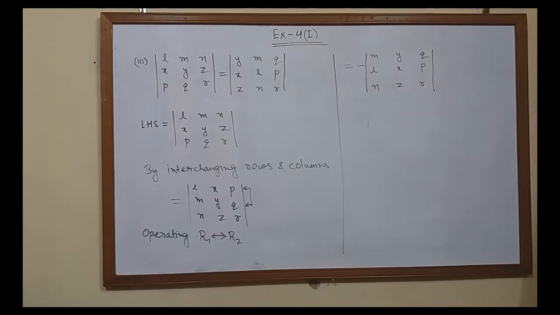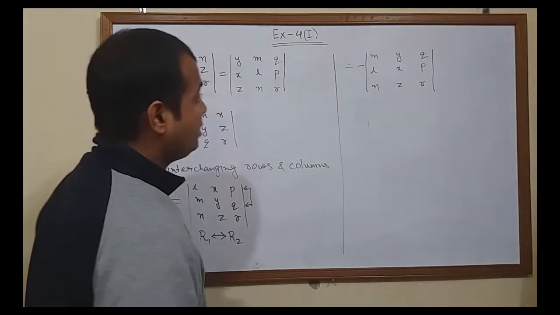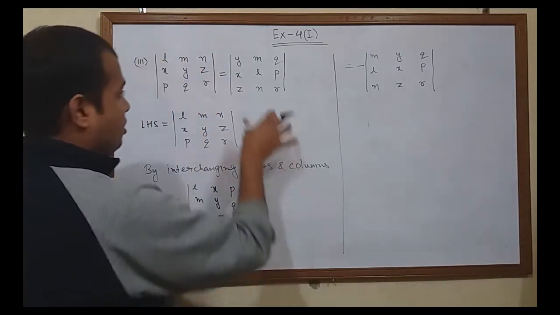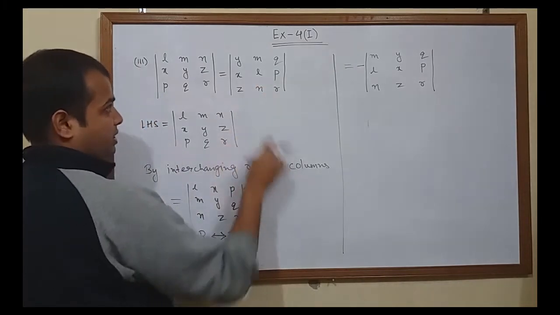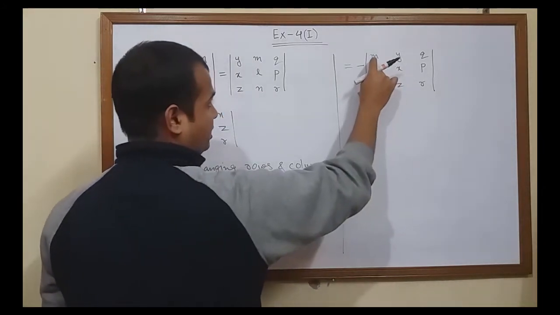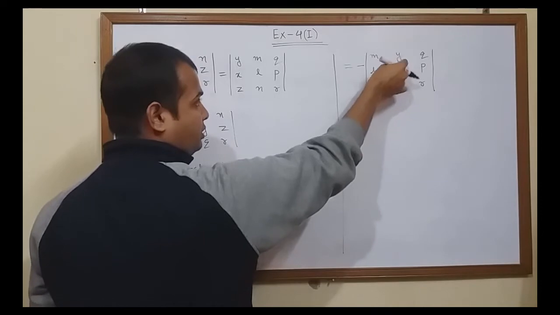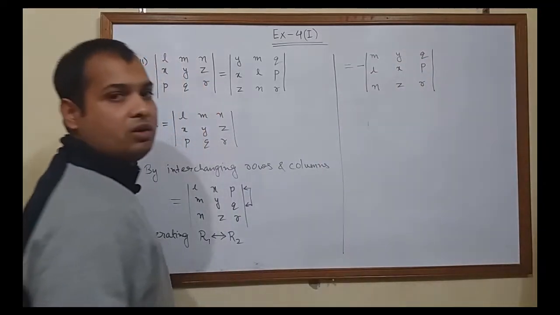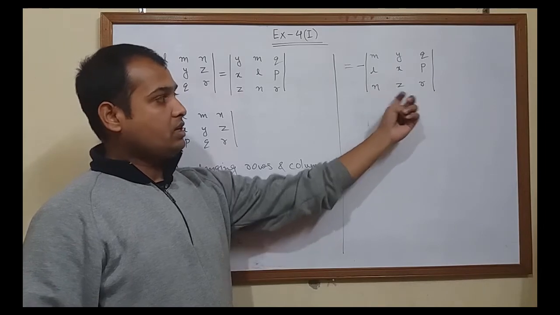Still we are not done, because on the left hand side we are looking for positive, and the first row should be Y M Q, but here you can see that it's starting with M, and then Y is coming. In fact, Y should have been here. So for that we have to interchange the first and second column.